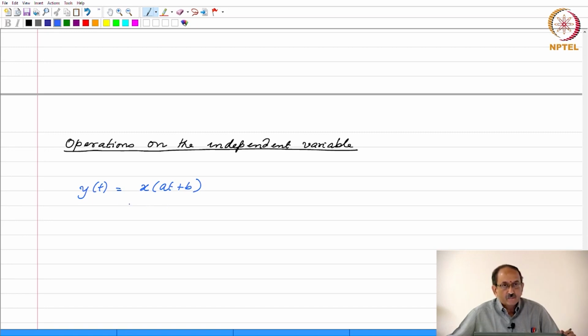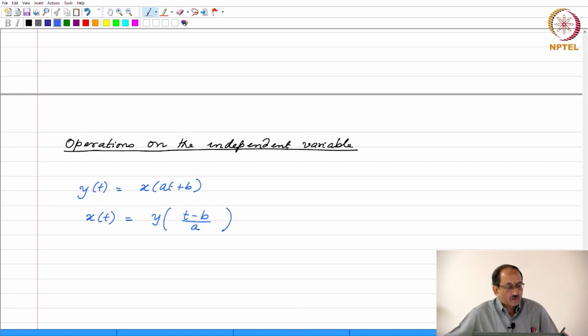Now, given y of t, which is the compressed or expanded, maybe even with reflection thrown in depending upon the value of a, suppose you want to get x of t from y of t. y of t is the affine transformed signal, and you want to get back your original signal. So this would correspond to y of (t minus b) by a.